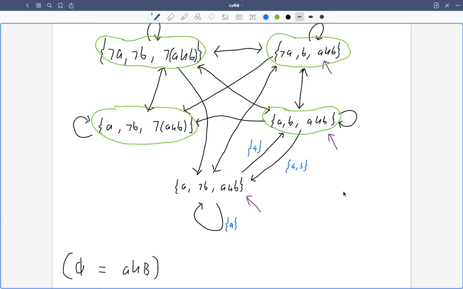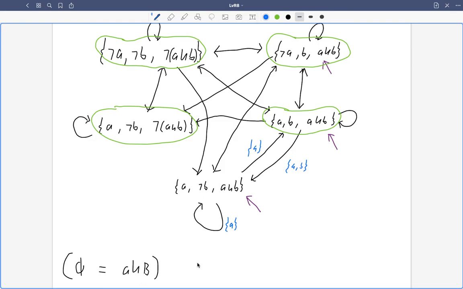The idea is then that the language defined by this automaton will correspond exactly to the language of traces for the formula A until B.